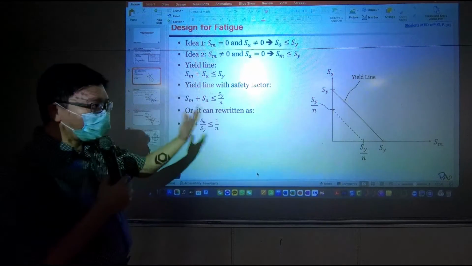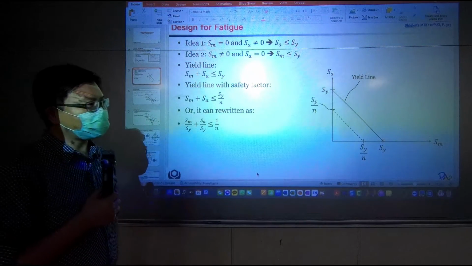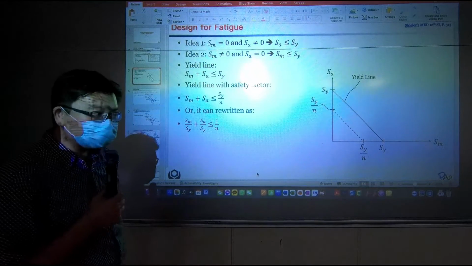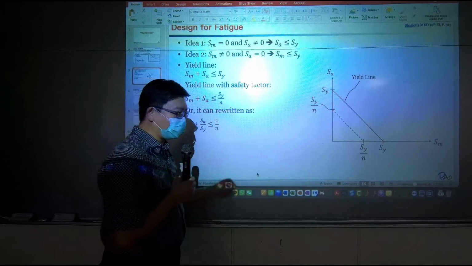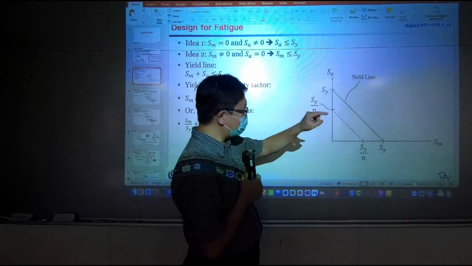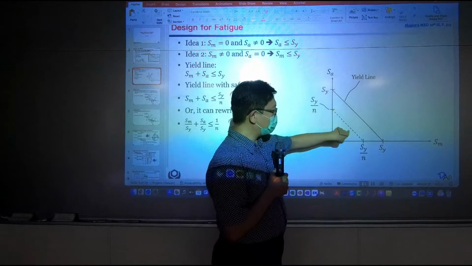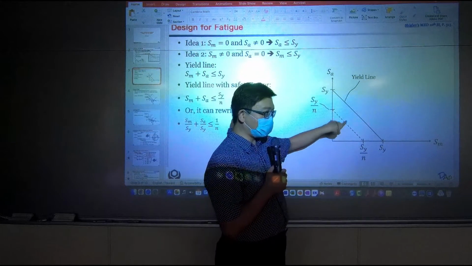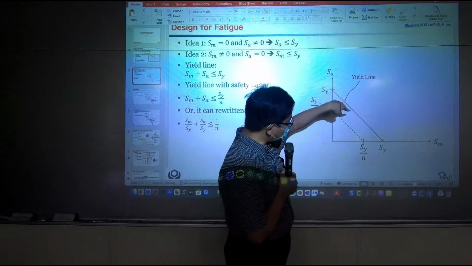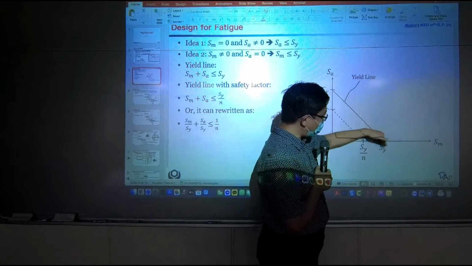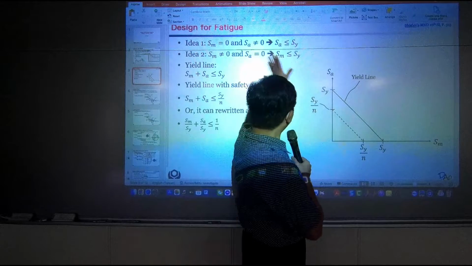Okay, so for any dynamic loading condition, you need to calculate the mean value and also the amplitude, plug into the plot, and find out where your design is. If the design is inside this line, you satisfy this model.